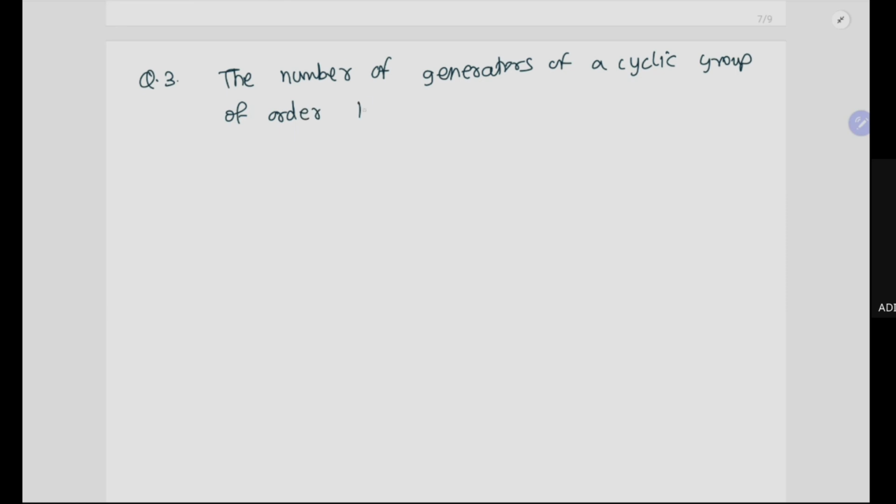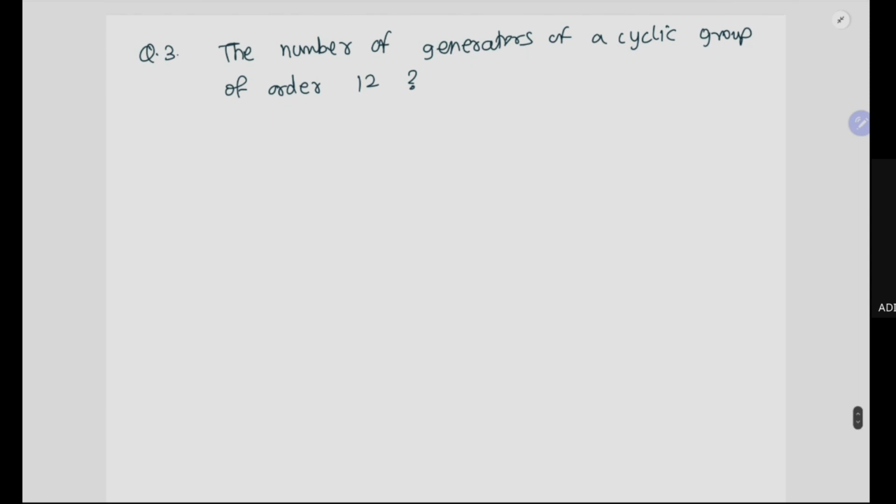So since we were talking about cyclic groups, can somebody tell me how to find the number of generators of a cyclic group of order 12? Do you know the formula for this?